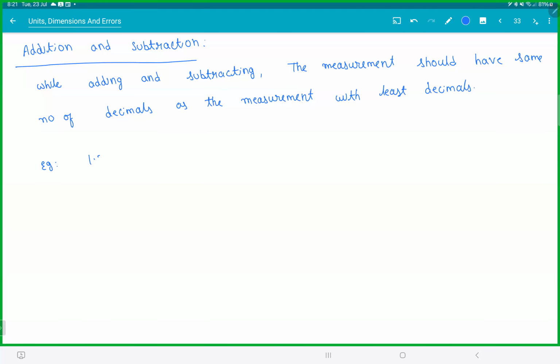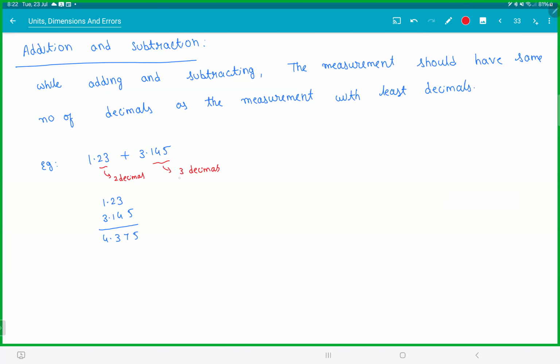Let's say you're adding 1.23 plus 3.145. First, just add them up. 1.23, 3.145. So this will be 5, 7, 3, and 4. Now, if you look at this, again, we are counting decimals. This thing has 3 decimals, meaning you're using a pretty good scale. This thing has 2 decimals, a decent scale, but it is not as good as that one.